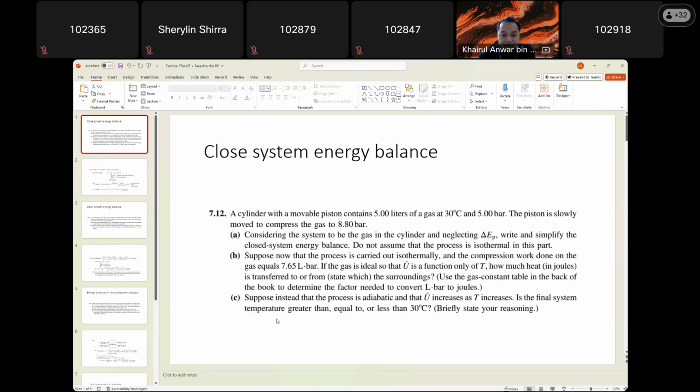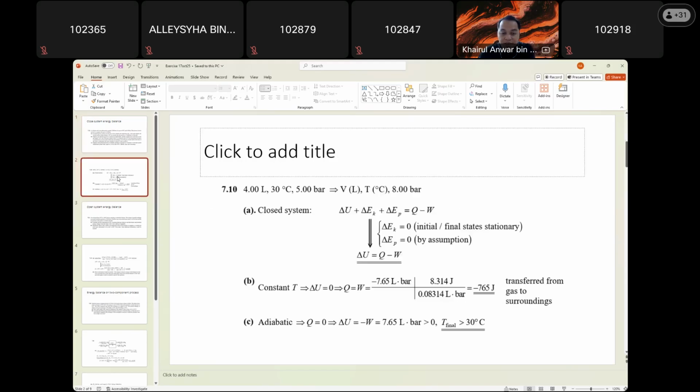The next is, suppose instead that the process is adiabatic and that specific internal energy increases as temperature increases. Is the final system temperature greater than or less than 30 degrees? So for adiabatic, Q is equal to 0.